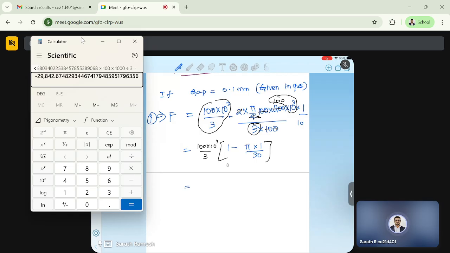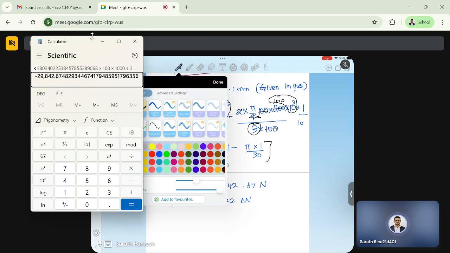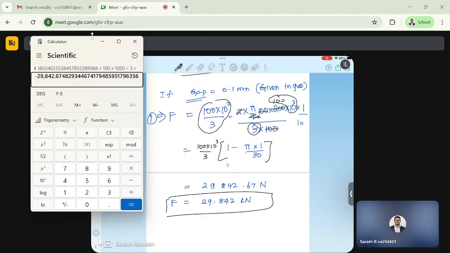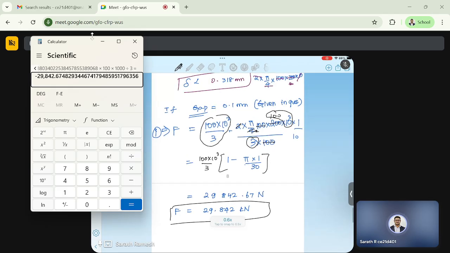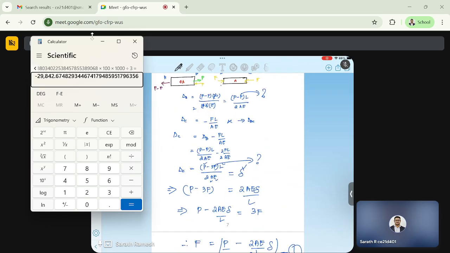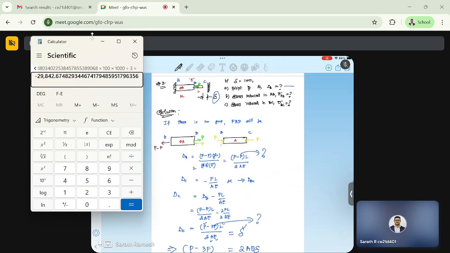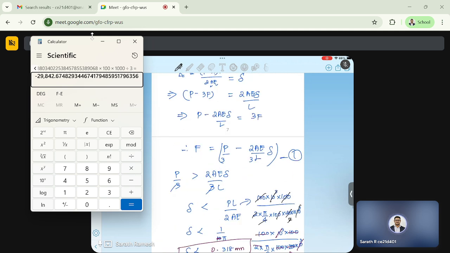So this is equal to 29,842.67 newtons or 29.842 kilonewton, right? This is the force induced in BC if the gap is 0.1 mm. Now we can actually compute stresses in AB and BC using the formula here, right?